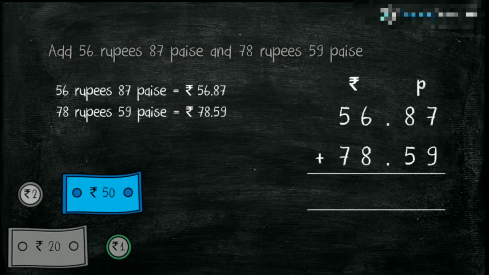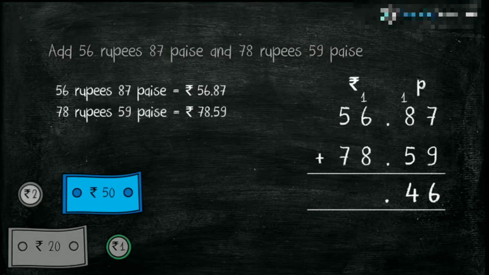Now let's add 7 plus 9 equals 16. Carry 1. 1 carry plus 8 plus 5 equals 14. Again carry 1. Now students, before adding the rupee column, put the decimal in the answer.